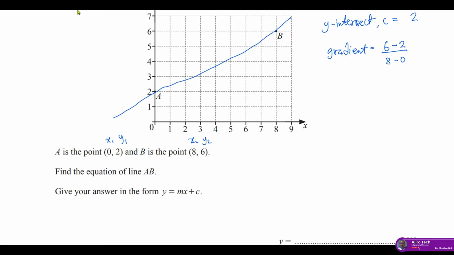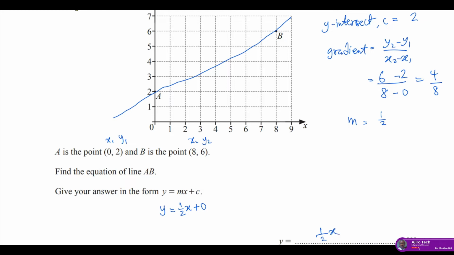Let me write it with the formula: m equals y2 minus y1 over x2 minus x1. y2 is 6 minus y1 which is 2, over x2 which is 8 minus x1 which is 0. I'm having 4 over 8. So the gradient m is 1/2. And then in this form, y equals half x plus 0, or half x.